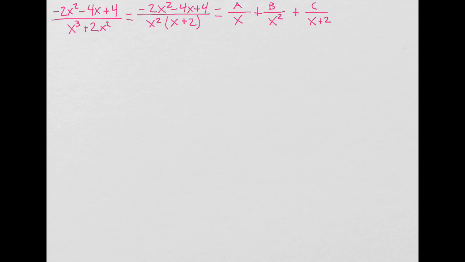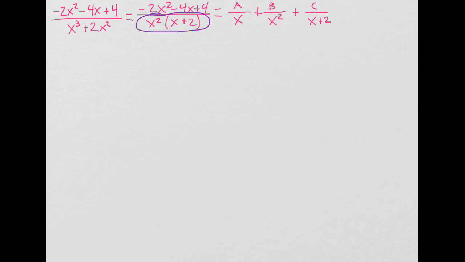Once we have this, remember that we are dealing with an equation. So anything we do on the left side of the equal sign, as long as we do the same thing on the right, we are totally fine. So what we're going to do is multiply everything by that denominator, x squared times x plus 2.